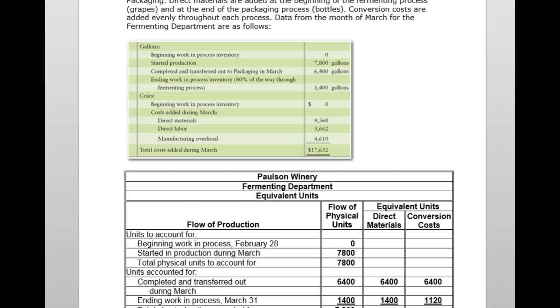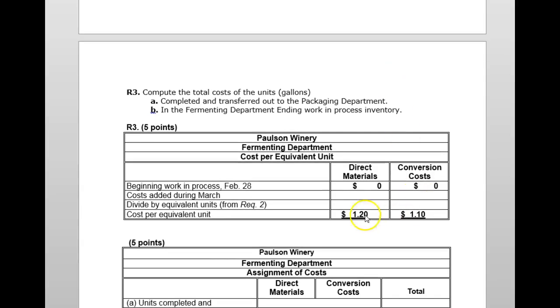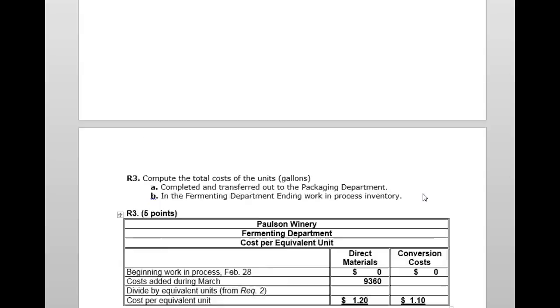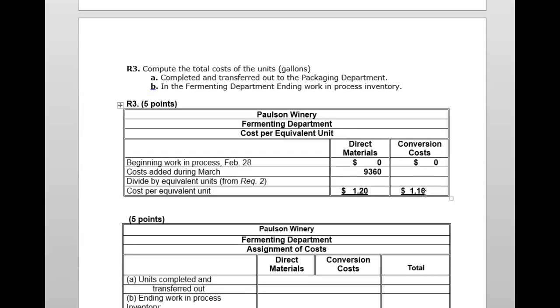That comes down into direct materials of, at the beginning 0, but we added 9,360 in direct materials, and in conversion cost we add the direct labor and the manufacturing overhead together, and that comes up to 8,272.